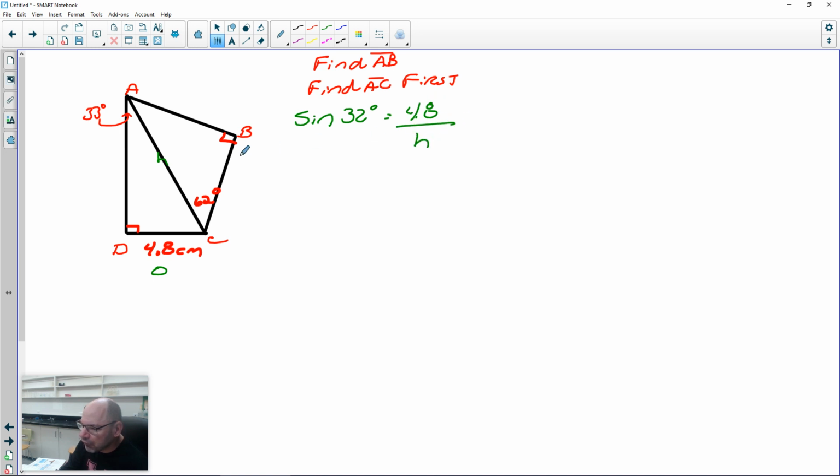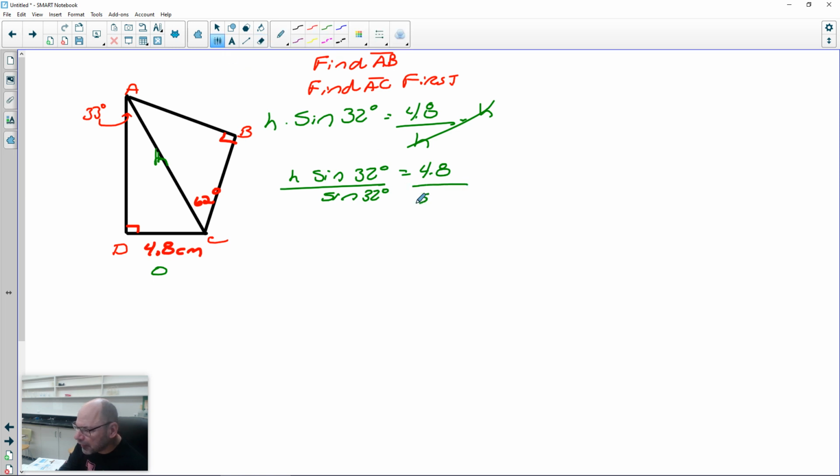So AC it is, but we've got an h in there. That's okay. We're going to multiply by h to get rid of it. We get h sine 32 degrees equals 4.8 centimeters. Then divide by sine 32 degrees, we've got to divide it out.